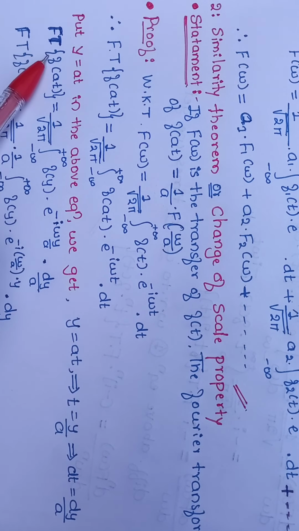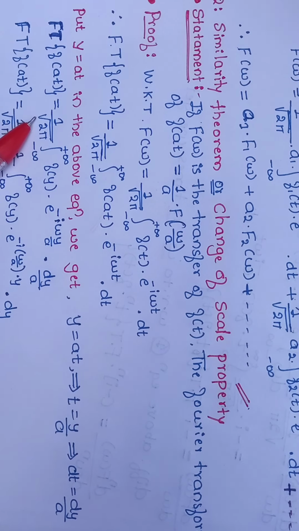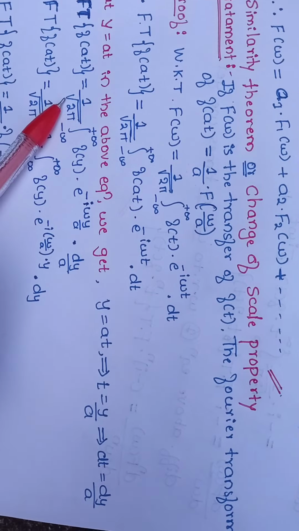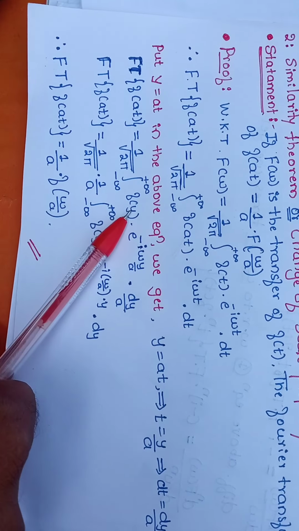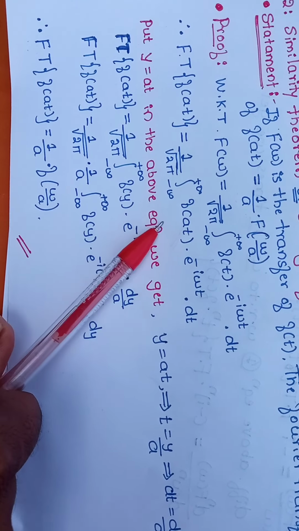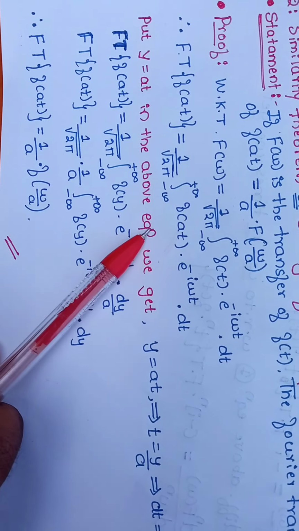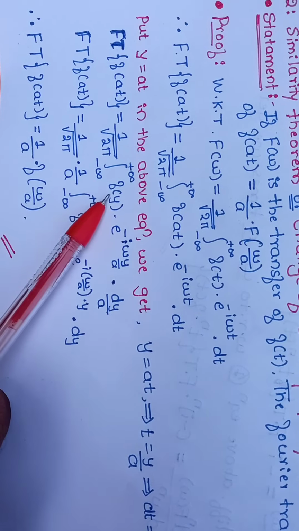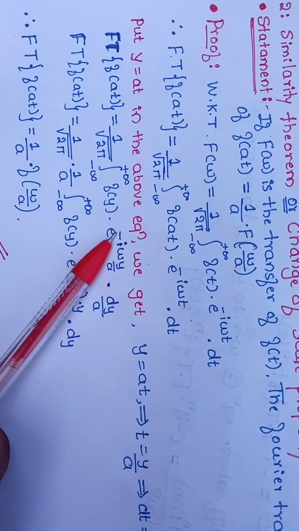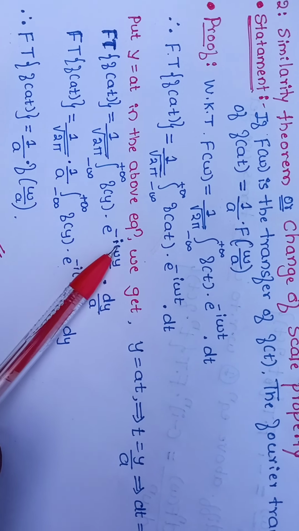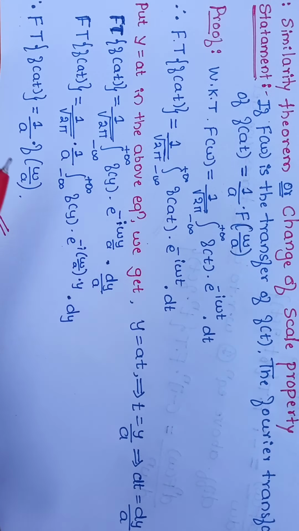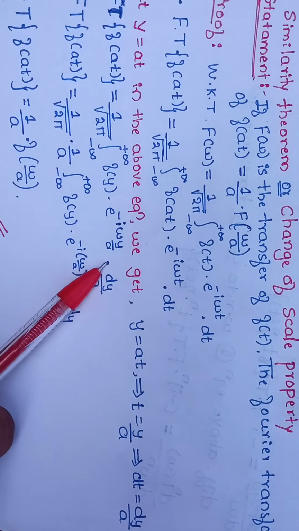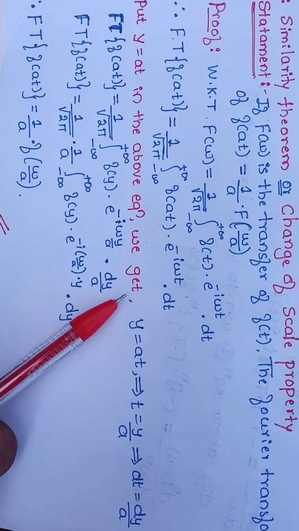That is the Fourier transform of f of at equal to 1 divided by square root of 2 pi integration minus infinity to plus infinity, here f of at. What is the value of at? You have to take at equal to y, therefore f of y into e raised to minus i omega into t. What is the value of t here? That is t equal to y by a, into dt is there.